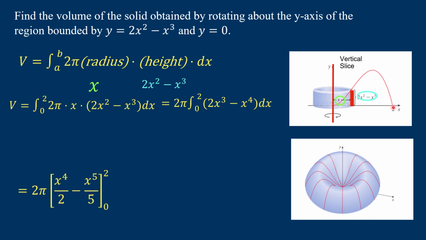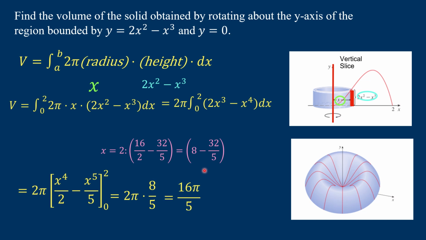We slice the interval 0 to 2, the interval of x, because the thickness is dx. Make sure you write down the interval of x. Plug in x equals 2 and x equals 0. When you plug in x equals 2, we get 16 over 2 minus 32 over 5. Simplify, 16 over 2 is 8, minus 32 over 5, that's 8 over 5. The volume is 16 pi over 5.